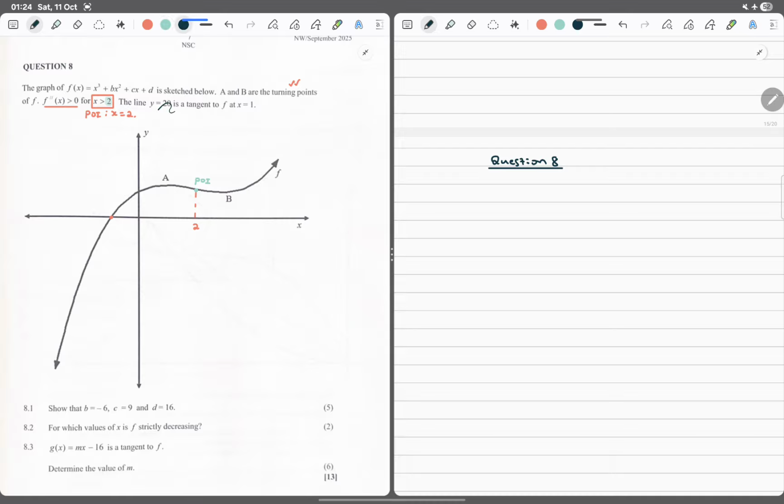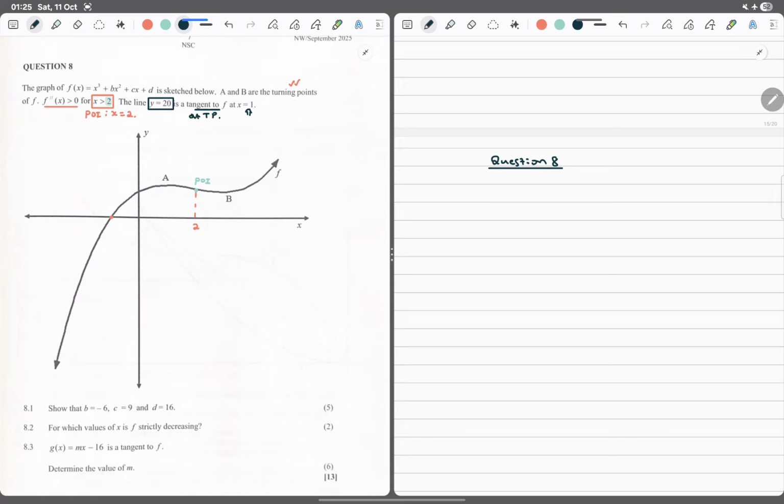Now we're told also that the line y equals 20, and we can see this is a horizontal line, is a tangent to f at x equal to 1. Now, if this is a horizontal line, this means it's a tangent at the turning point.